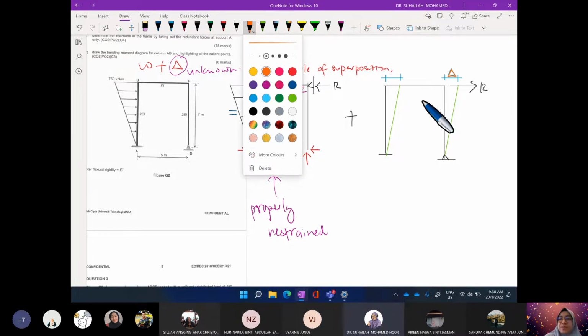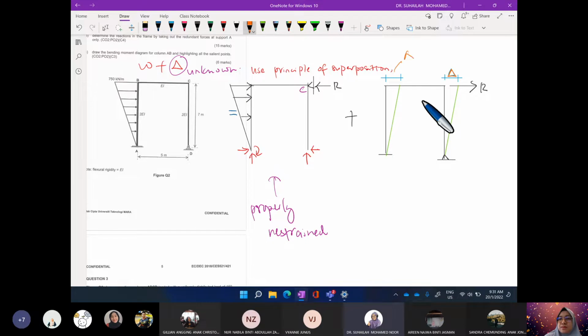This is the delta. We have another frame without W but only with delta. This delta comes with R, the restraining force, R. And the frame tends to sway to the right direction. So this is the idea about the principle of superposition.